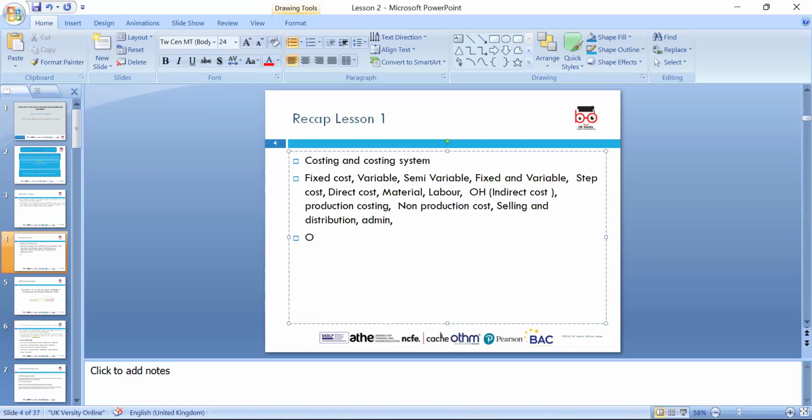We discussed activity-based costing, job costing, standard costing, and process costing.